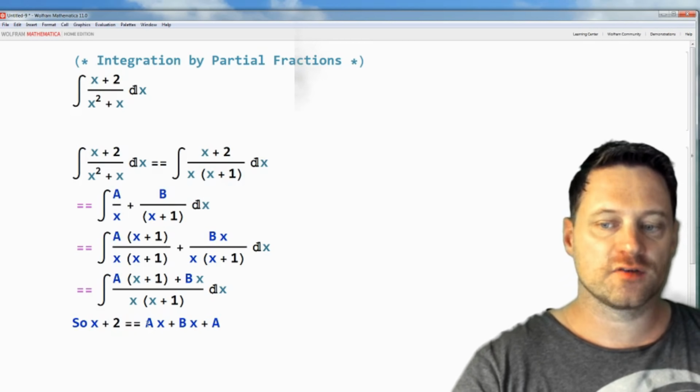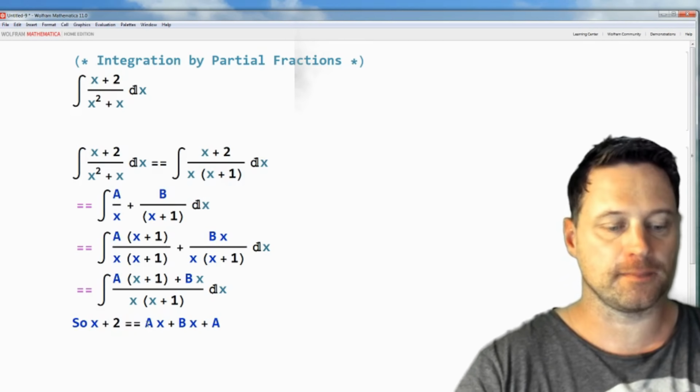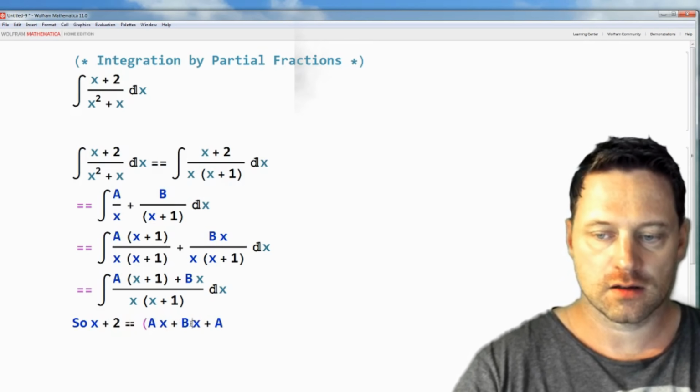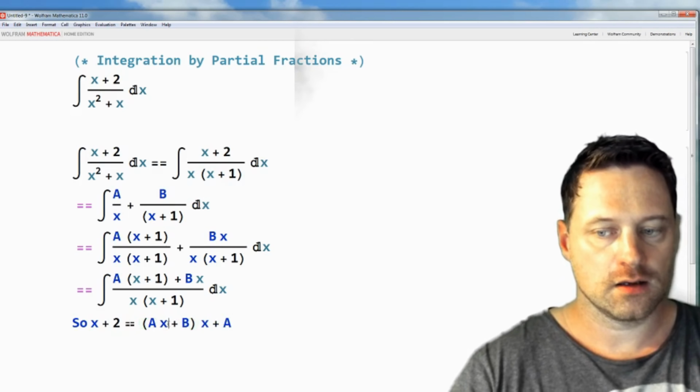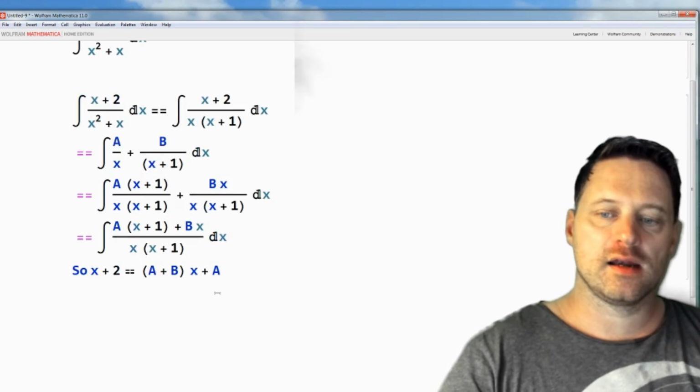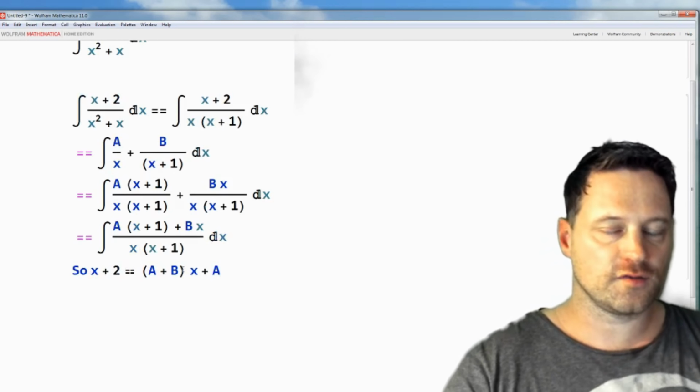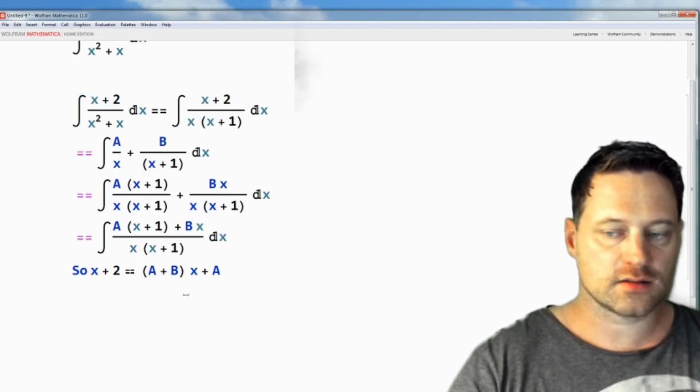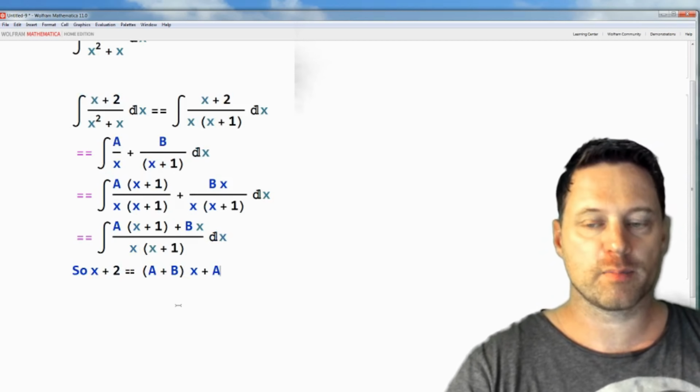Now we want to factorize x out of this expression. So I'll do that.